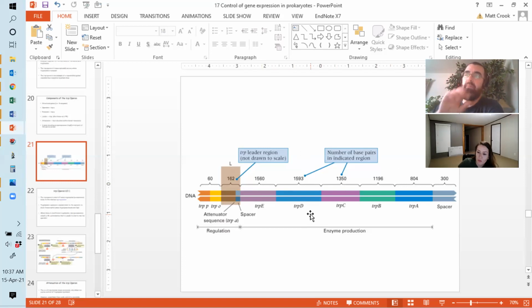You want to dial things back. So if tryptophan levels are high, the leader sequence will be translated, but it results in the formation of what's called an attenuator sequence. That attenuator sequence kicks the RNA polymerase off the DNA.